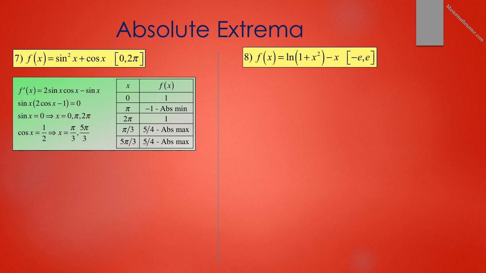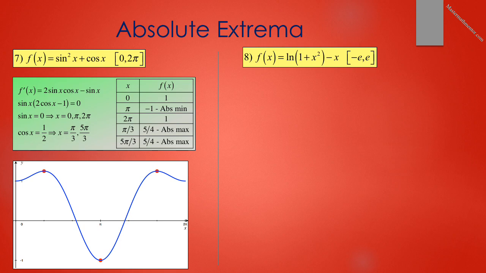So we find that the absolute minimum is -1 at x is equal to pi, and the absolute maximum is 5/4 at 2 locations, x equals pi over 3 and x is equal to 5 pi over 3. The graphic confirmation for number 7 shows that the absolute extrema also occur at the points of relative extrema.